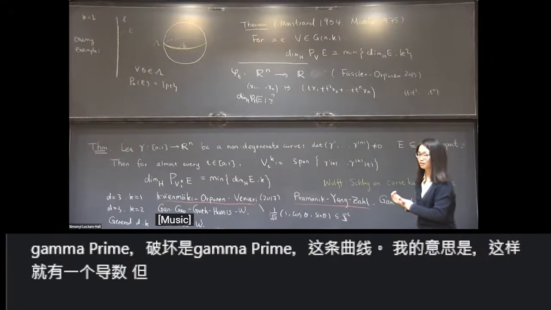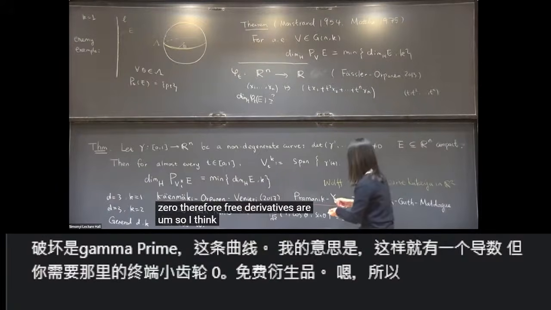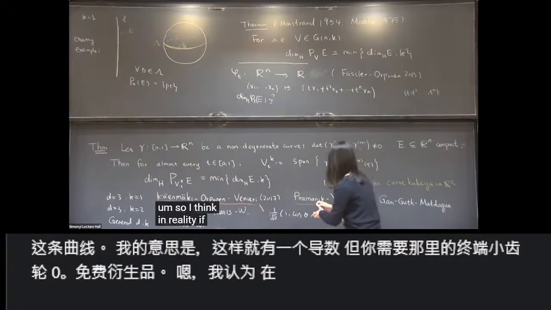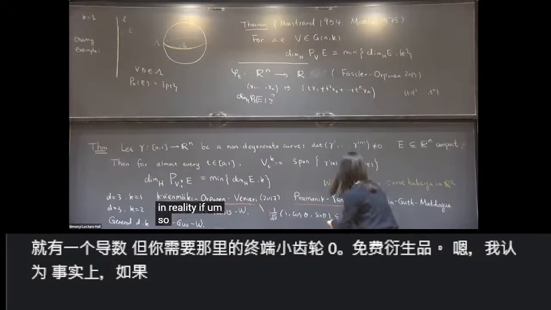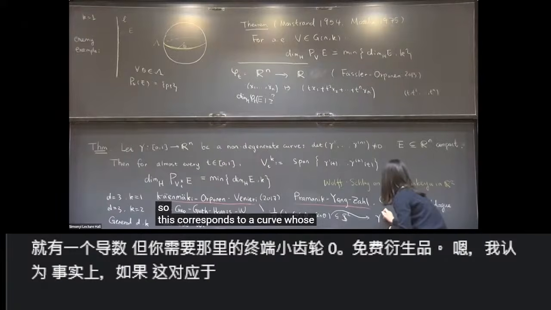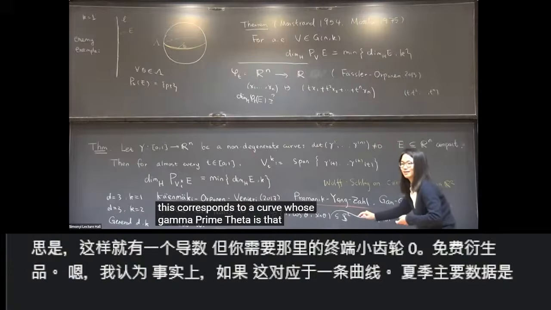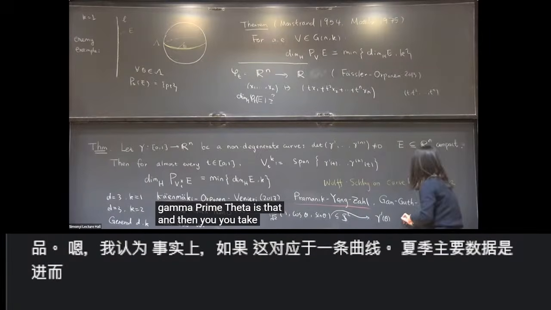But you need the determinant being non-zero there for 3 derivatives, or? So I think in reality, this corresponds to a curve whose gamma prime theta is that. And then you take the double prime and triple prime, the derivative.